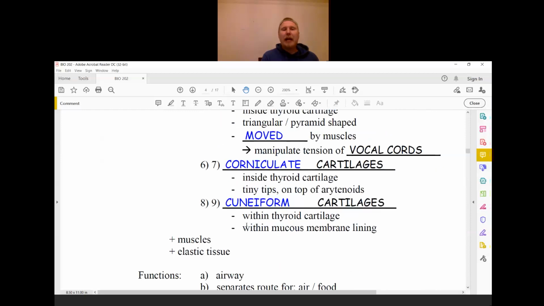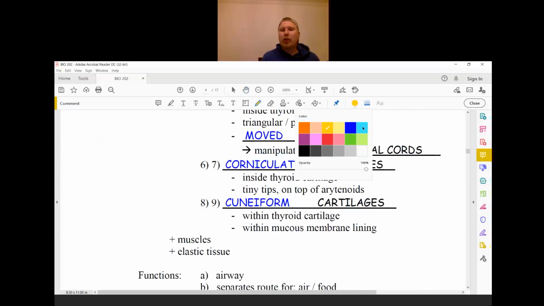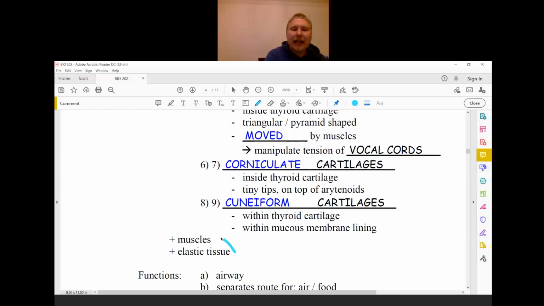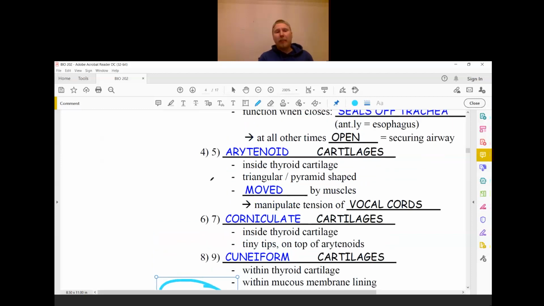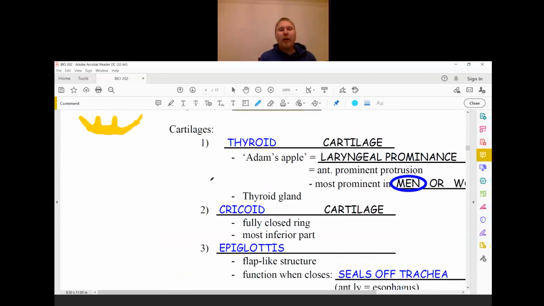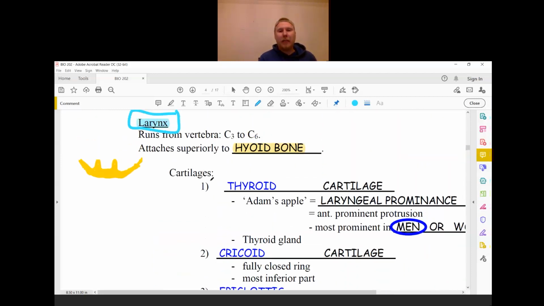The larynx is made of a number of cartilages, and in addition, a combination of muscles and elastic tissues. For our purposes, we will focus on the cartilages that are the most important ones, as we want to review the parts of the larynx.